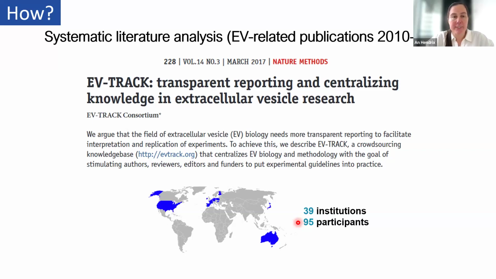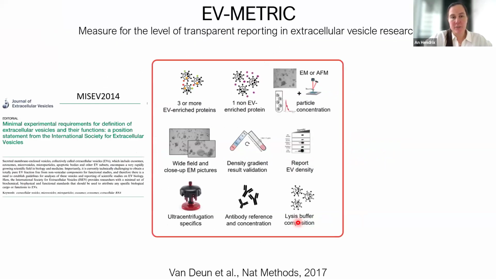We all together screened these manuscripts for all the parameters, and then we were looking for an approach that would enable us to easily understand what the needs for increased transparency are in the EV research field.